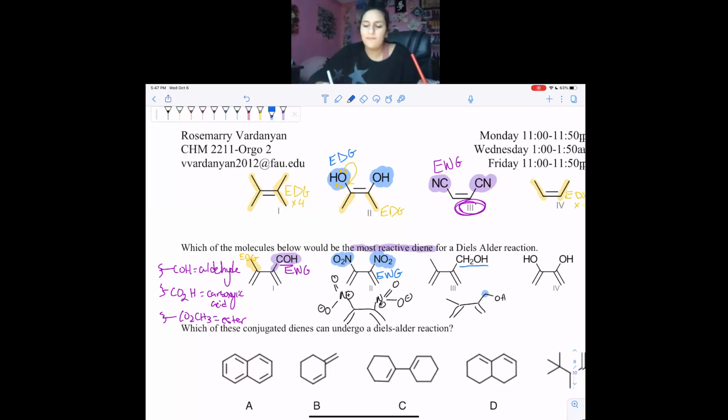So when we have that bend, is this alcohol donating its lone pairs? No, it's not. Okay. So we have very lightly donating from that CH3. And we have very lightly donating from this electron donating group.